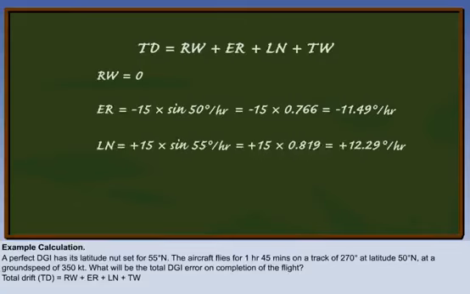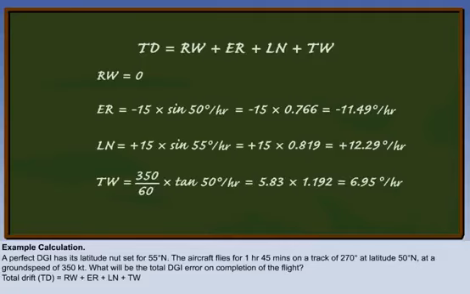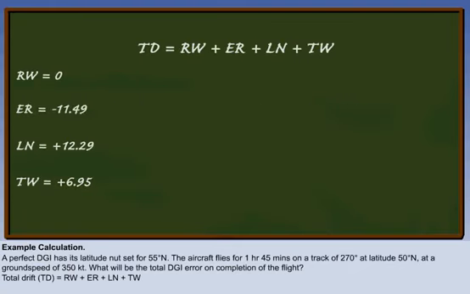The latitude nut error is 15 times sine 55 degrees per hour, and the sign is plus. Transport wander error is 350 divided by 60 times tan 50 degrees per hour. Transport wander is to the west, so the sign is plus. Filling in the equation, it looks like this.